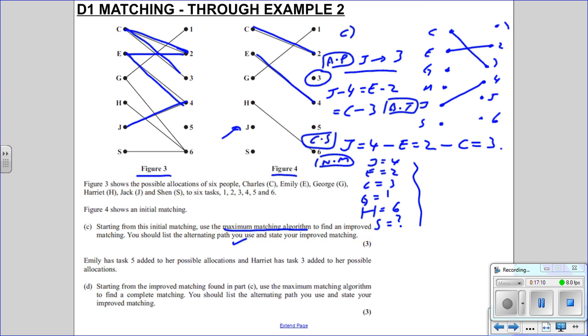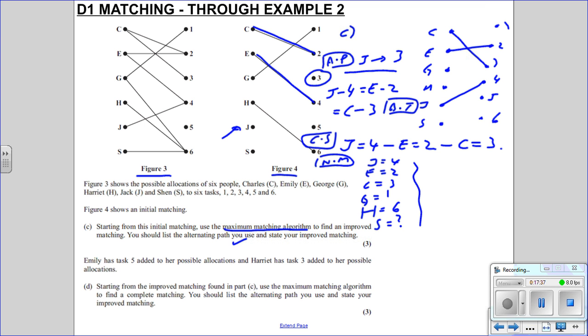Emily has task 5 added to her possible allocations. So, starting from the improved matching found in part C, use the maximum matching algorithm to find a complete matching. You should list the alternating path you use and state your improved matching. Also, Harriet has task 3 added to her possible allocations. That's interesting.